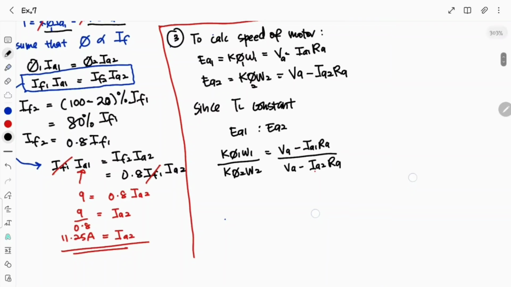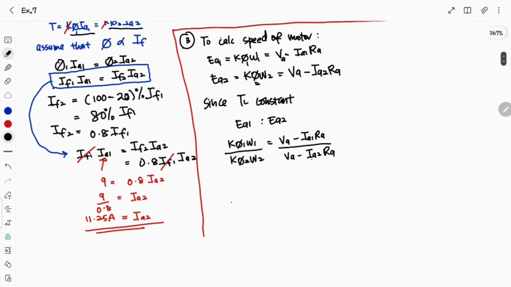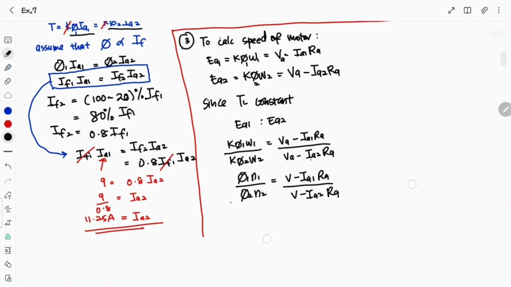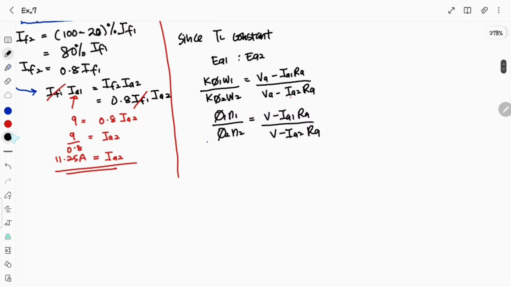Since we are going to calculate the motor speed in RPM, we can simply replace omega with N. So flux 1 N1 over flux 2 N2 equals V minus IA1 RA over V minus IA2 RA. Careful.